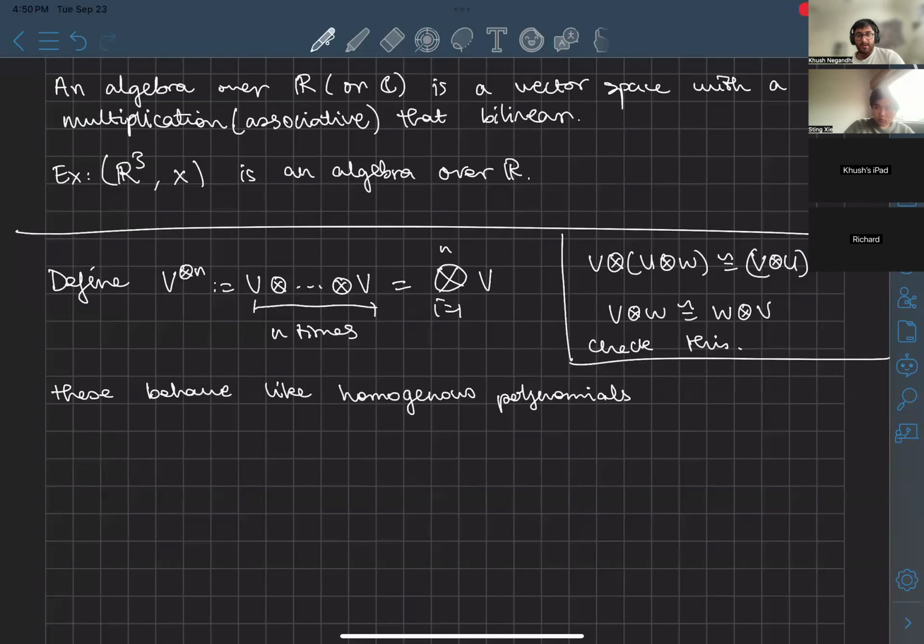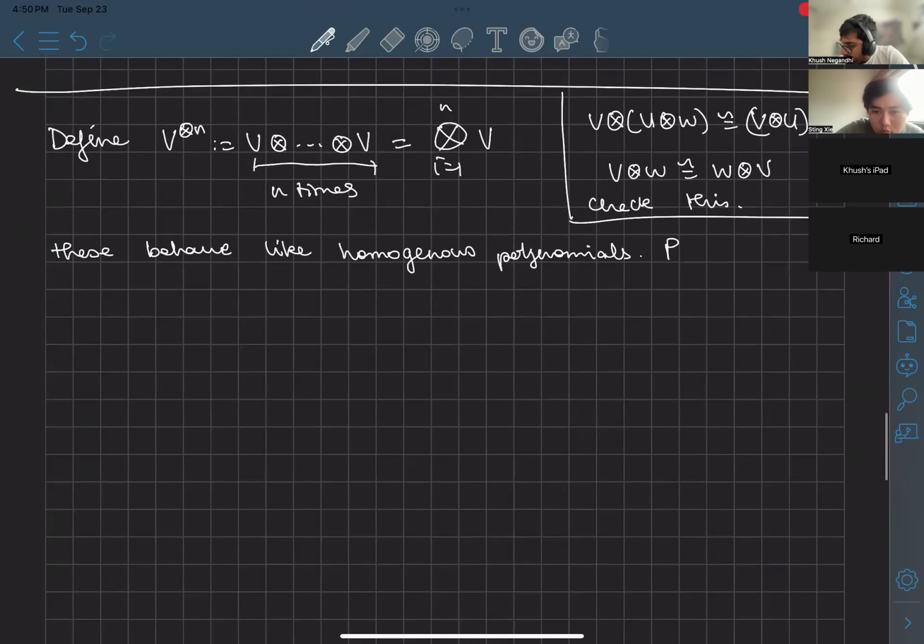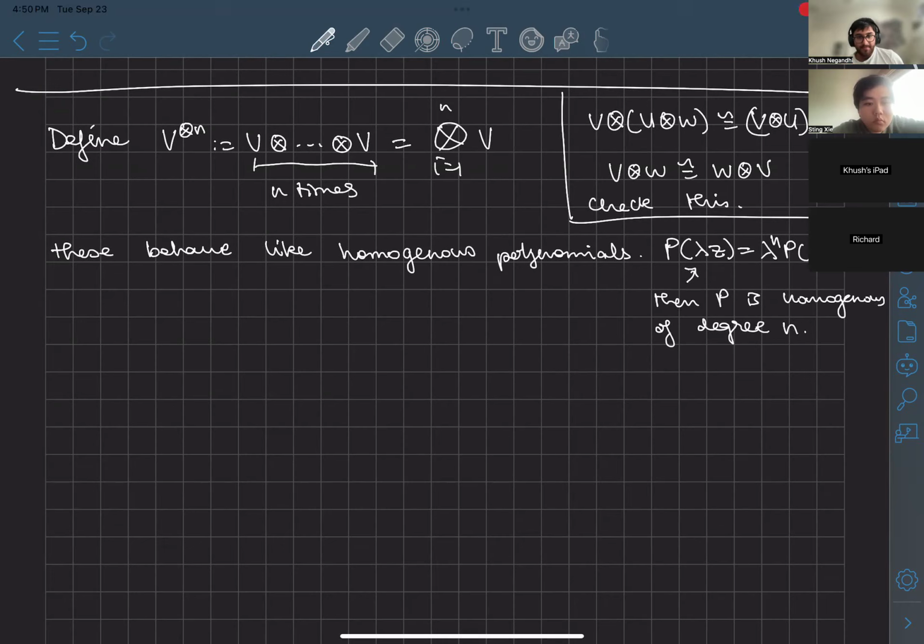A homogeneous polynomial is one where if you take p of lambda z, this gives you lambda to the n times p of z. Then p is homogeneous of degree n.